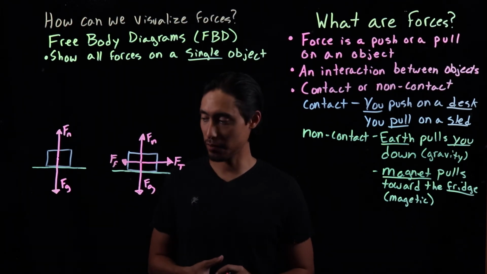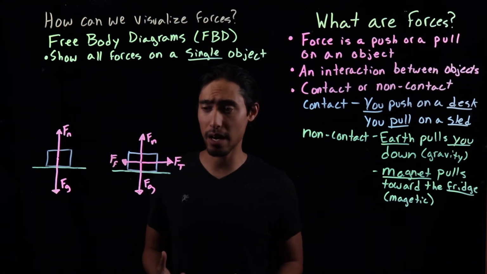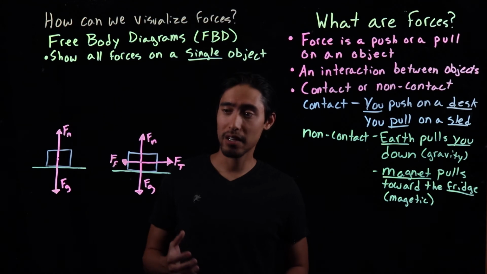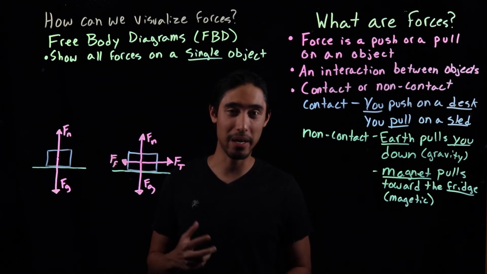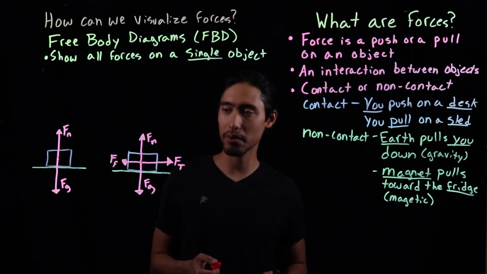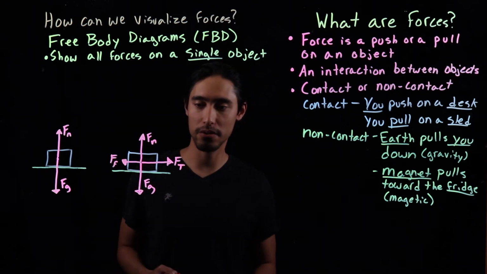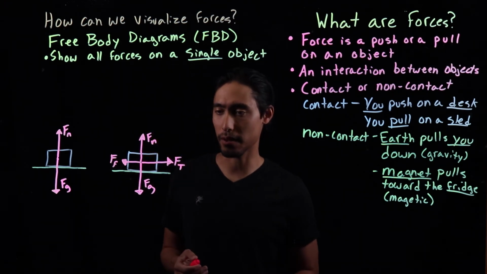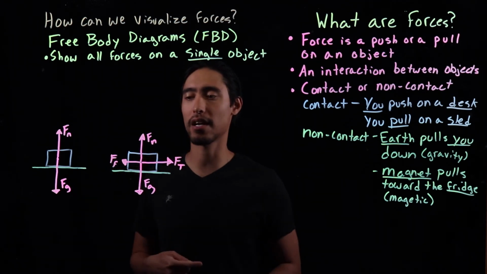It's responsible for us being able to hold things, and to get a good grip on the ground when we're walking. But it's also responsible for inefficiencies, slowing things down, making it harder for us to do daily tasks. In this case, if we're trying to pull the sled, this force of friction is trying to oppose the force that we are pulling with.